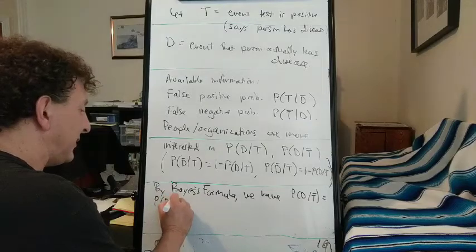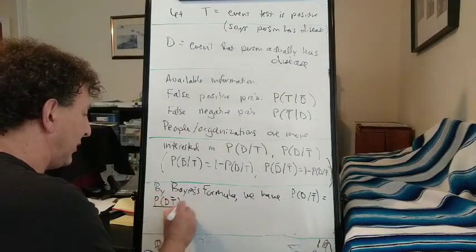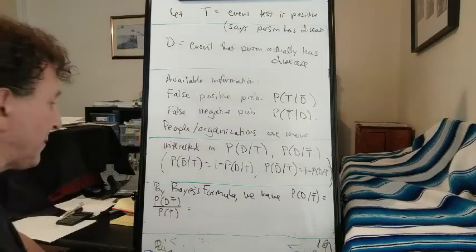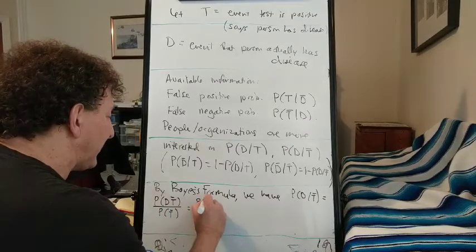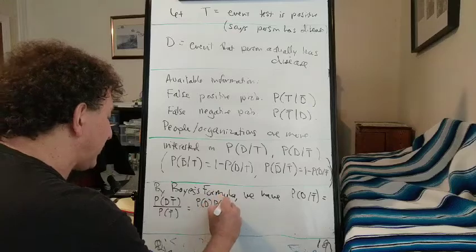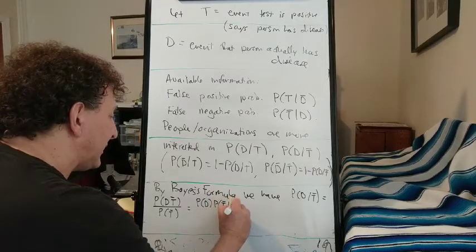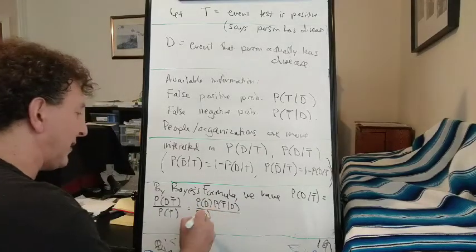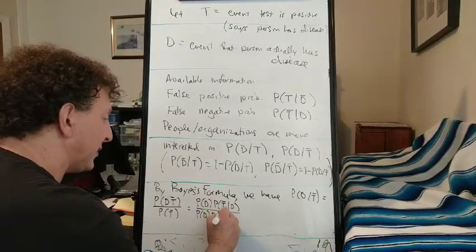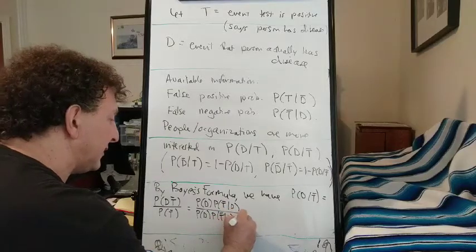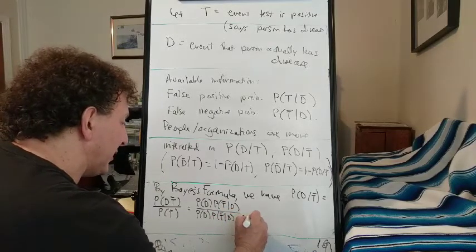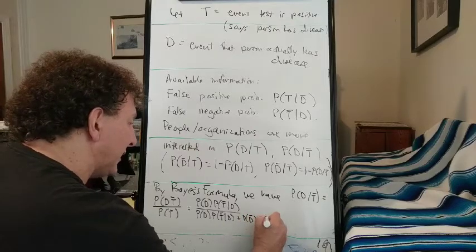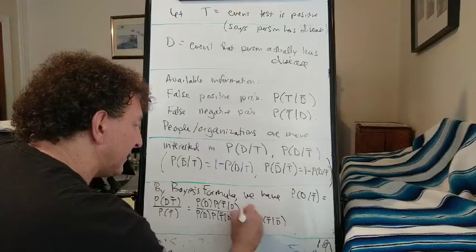That's the probability of having the disease and having the test be negative over the probability that the test is negative, which is the probability of having the disease times the probability of having a negative test given the disease, over the same thing, the probability of having the disease times the probability of a negative test given the disease, plus the probability of not having the disease times the probability of a negative test given not having the disease.